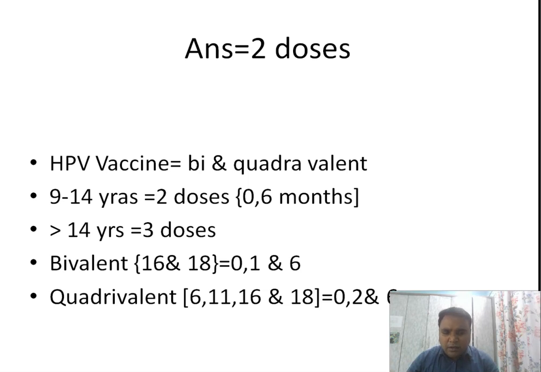If you are giving the bivalent vaccine, that is Cervarix, then the doses are at 0, 1 month and 6 months. If it is the quadrivalent vaccine, that is Gardasil, then the doses are at 0, 2 months and 6 months. So you have to remember 0-1-6 or 0-2-6, and for less than 14 years, 2 doses at 0 and 6 months of the HPV vaccine. That we have to remember.